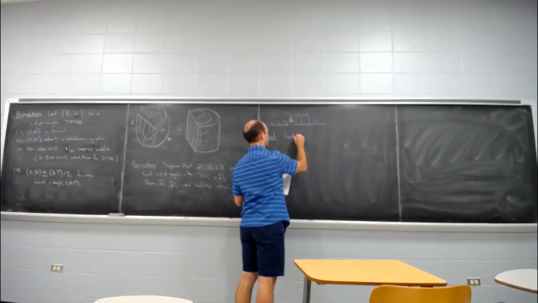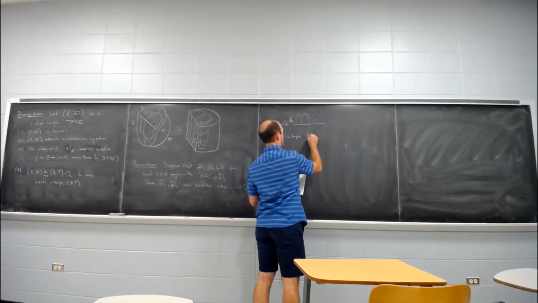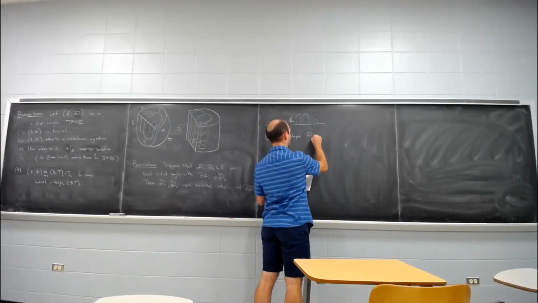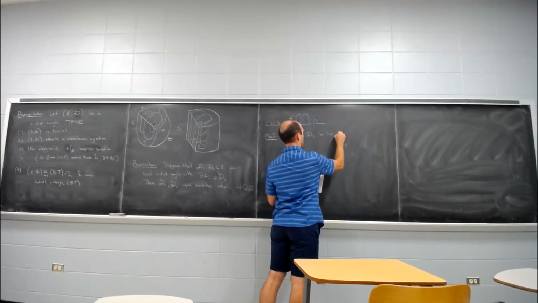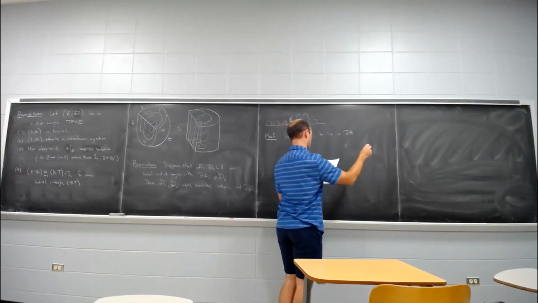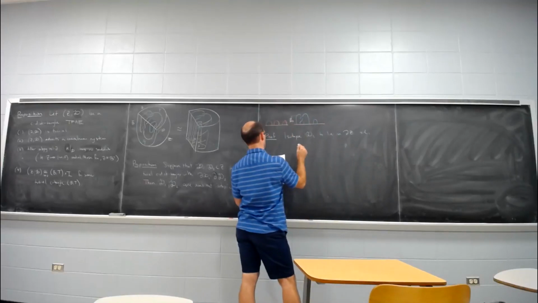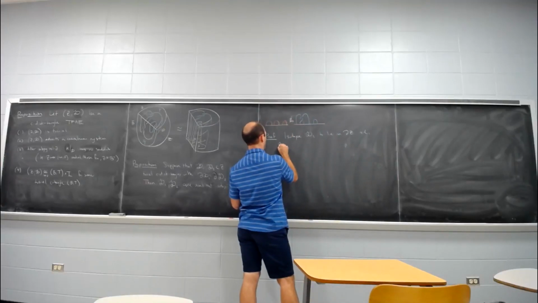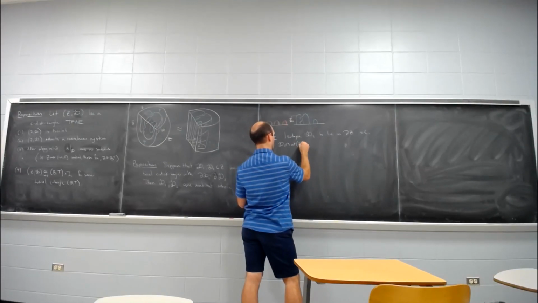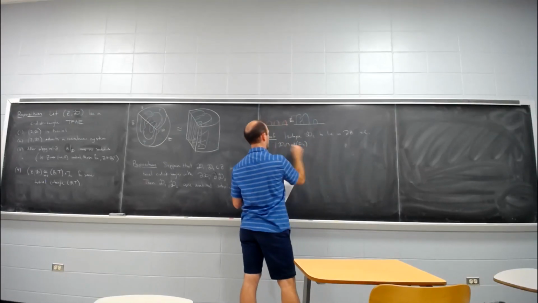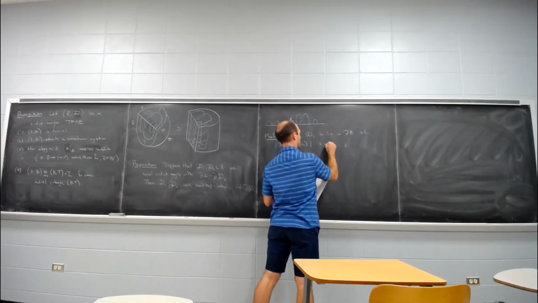So the first thing we're going to do is ambient isotope, relative to the boundary, the Di to lie in the boundary of the three-sphere, such that the cardinality of D1 intersect the interior of D2 is minimal.